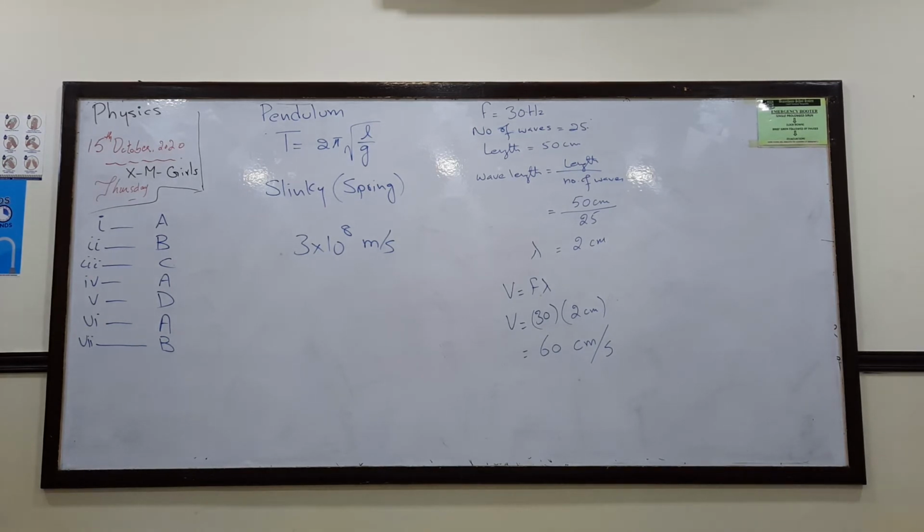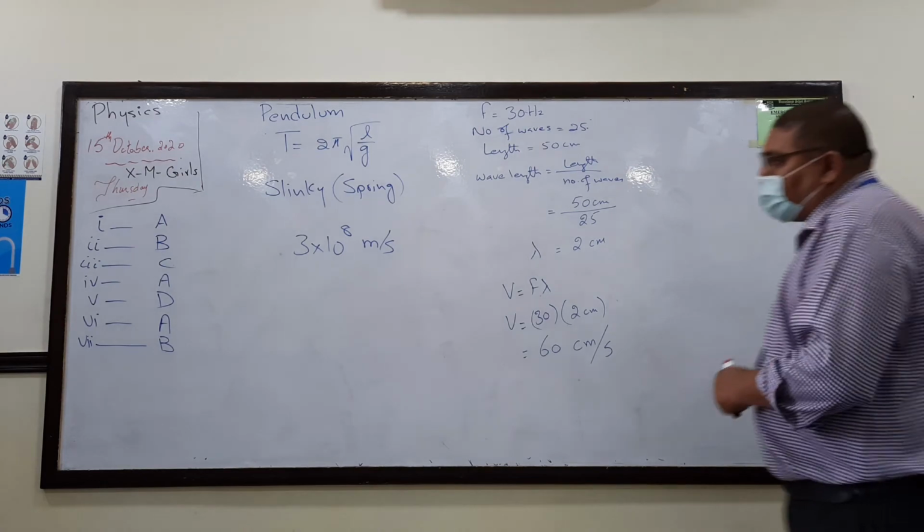Velocity, frequency, and wavelength all depend on each other. The one thing which is not here is the amplitude. So amplitude does not depend upon these. So what's the option? C. So for question number 8, C is the option.